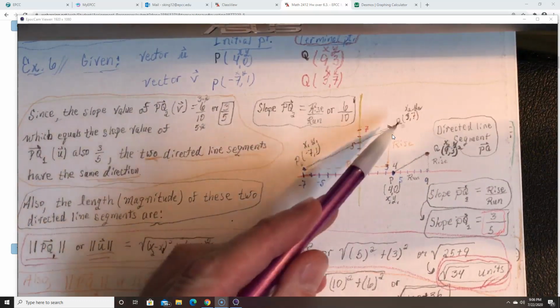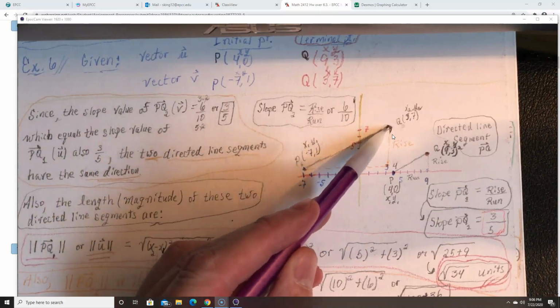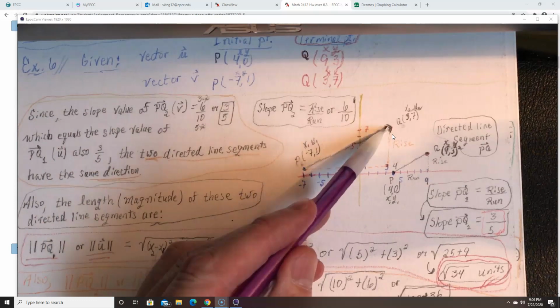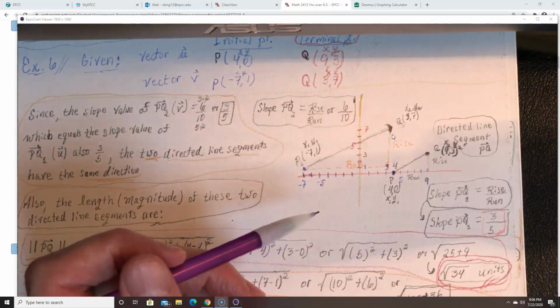The direction is this way. This little arrow means not that it goes on forever, but that this must be the initial point, and this is the terminal point.